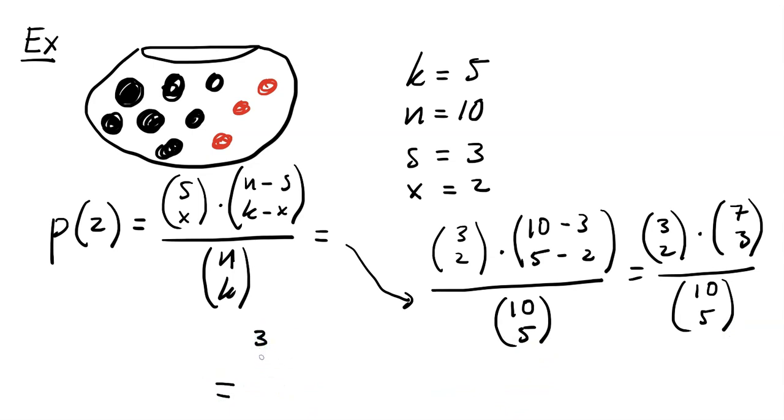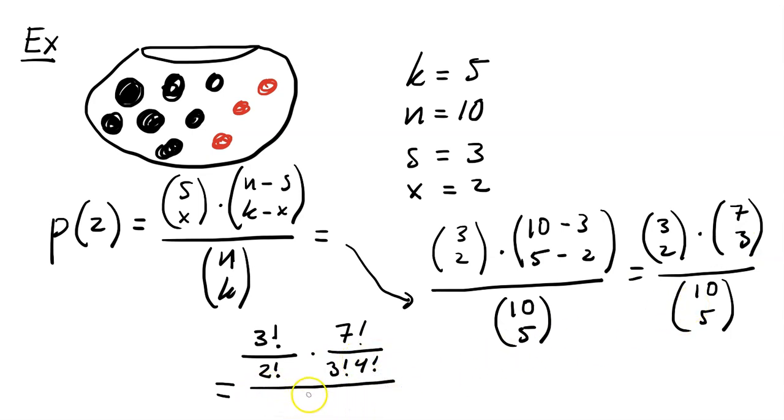So 3 factorial over 2 factorial, and this is 1 factorial, but 1 factorial is just 1. Let me leave it as a factorial because a lot of things will simplify. Here is 7 factorial divided by 3 factorial, and 7 minus 3 factorial, that's 4 factorial.